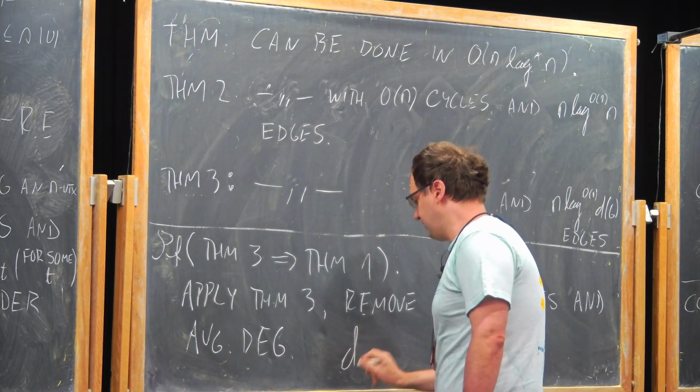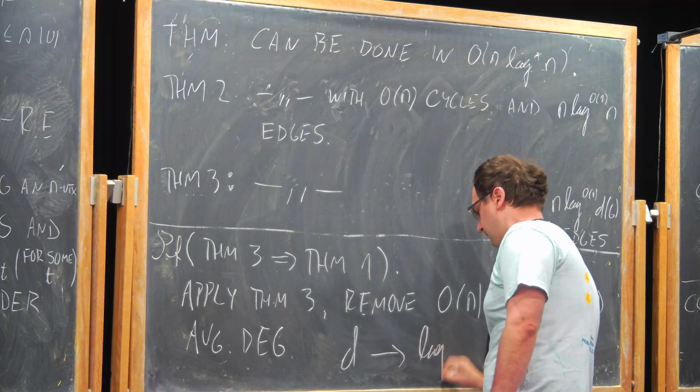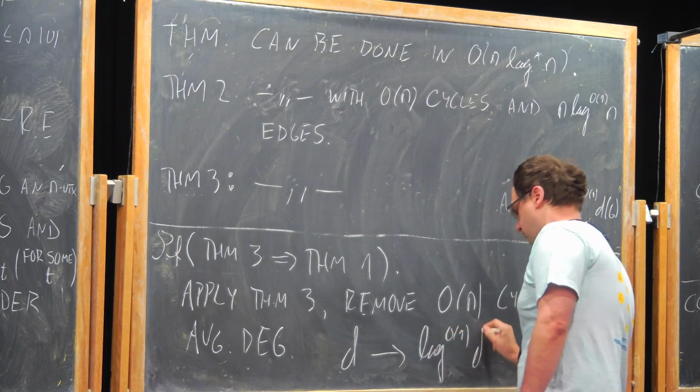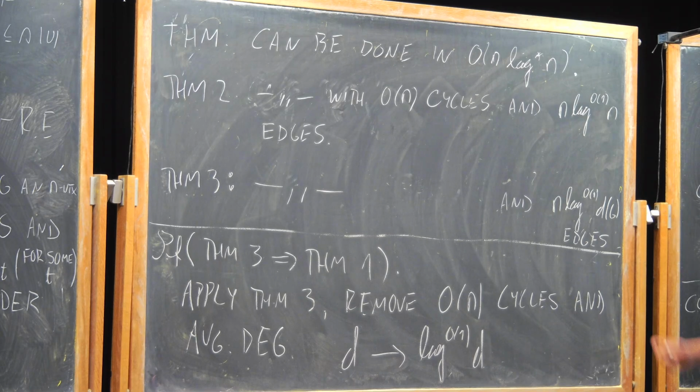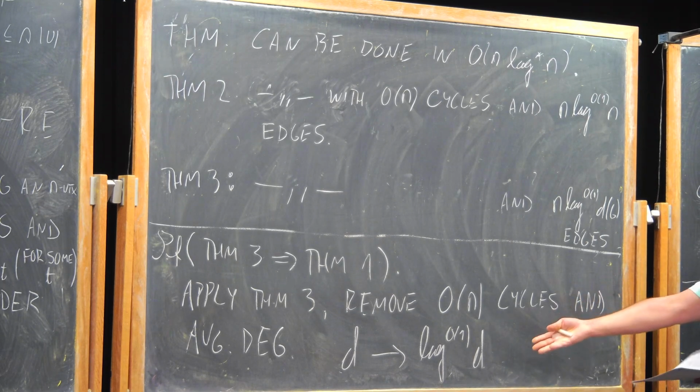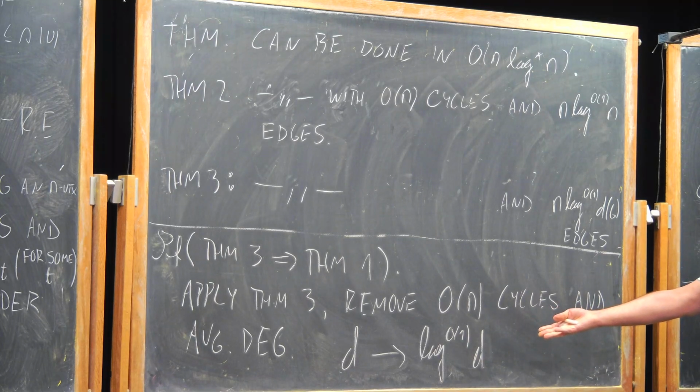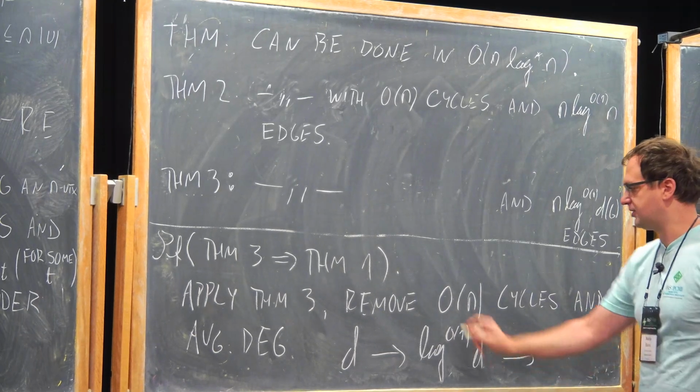It started as d, and it went to polylog d, by paying linearly many cycles. So now you repeat it on your new graph with polylog d degree. It will again cost you linearly many cycles to go to poly. So now we get 2.